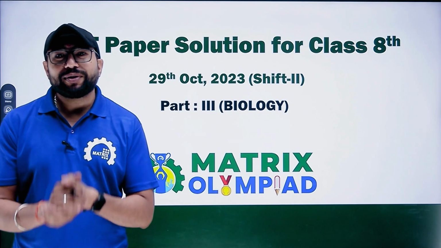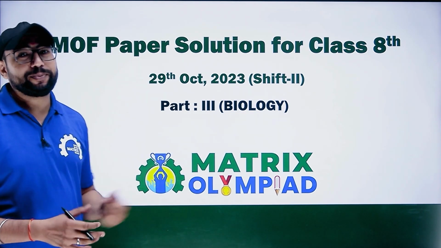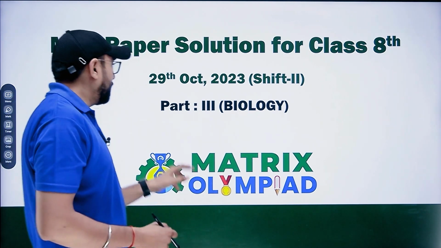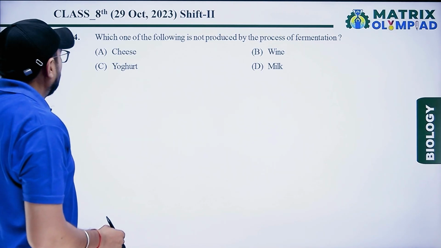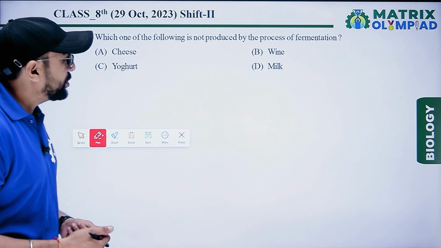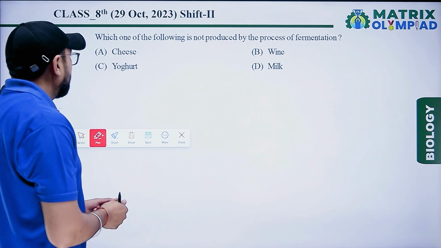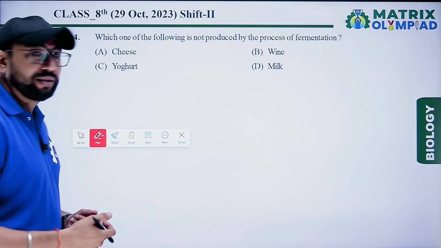Today we discuss the Matrix Olympiad paper solution for class 8th biology portion. Start. First question. Which one of the following is not produced by the process of fermentation? Cheese, wine, yogurt and milk.